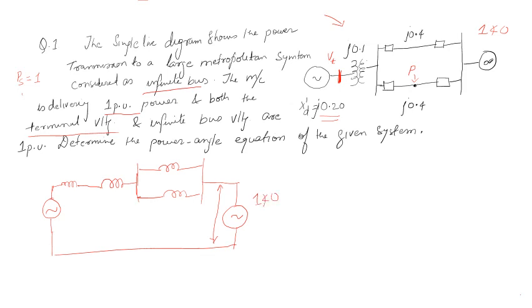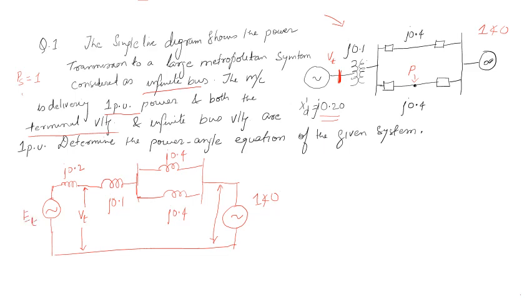This is J 0.1, J 0.4, J 0.4. Here it is J 0.2. And this is your VT, and this is your ET.